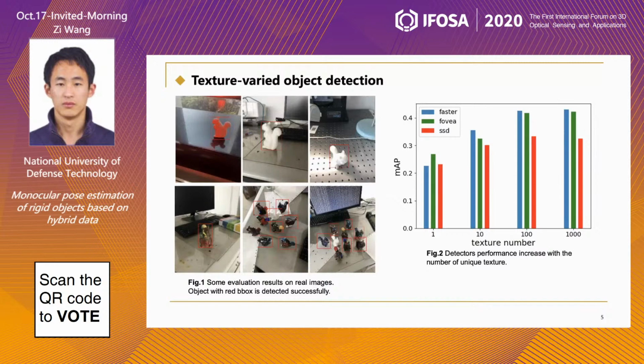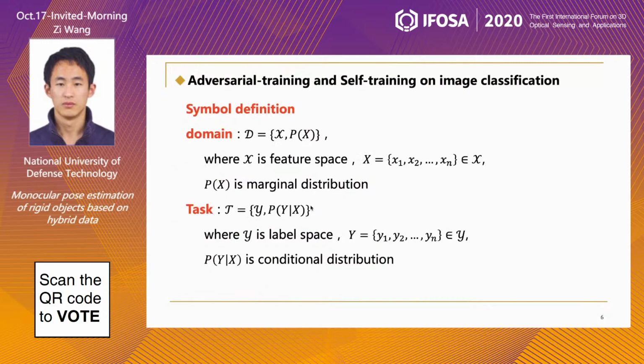Research from synthetic data. First, a domain consists of a feature space and a marginal distribution.